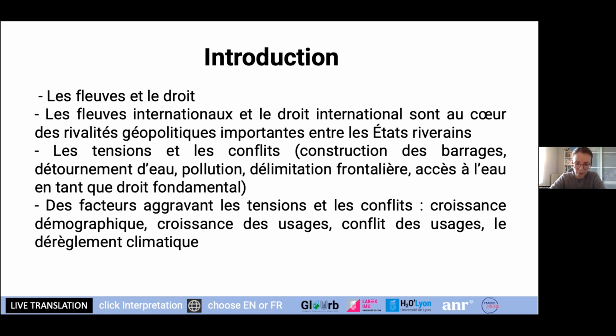International rivers have been addressed since the 19th century through international law, and more generally on a global level as of 1920 with the Permanent Court of International Justice, where international law focused on watercourses, and there were international agreements that were signed by different states.